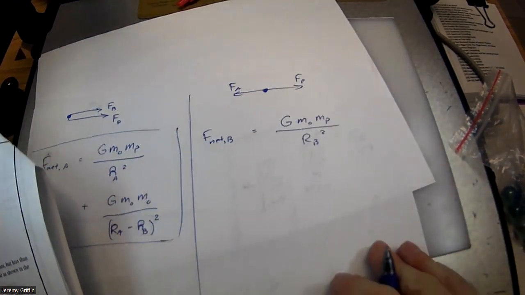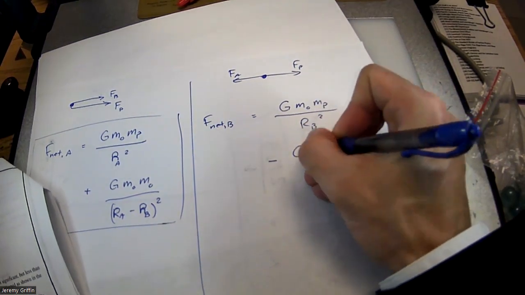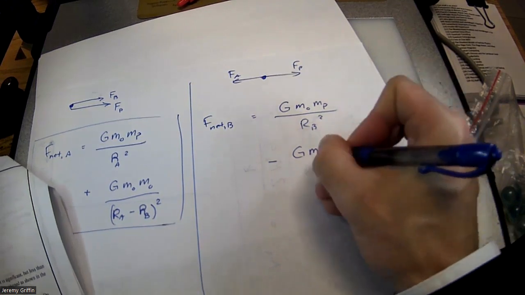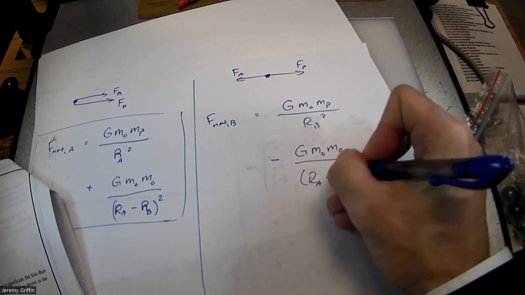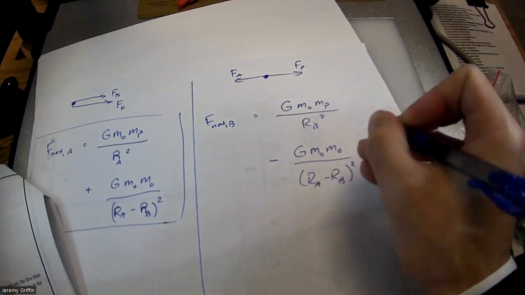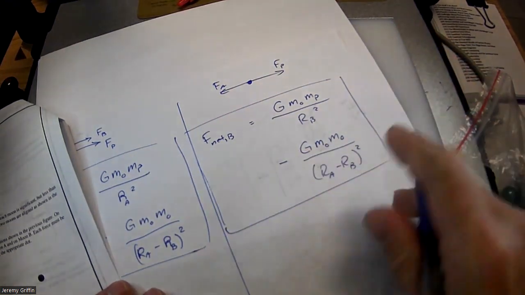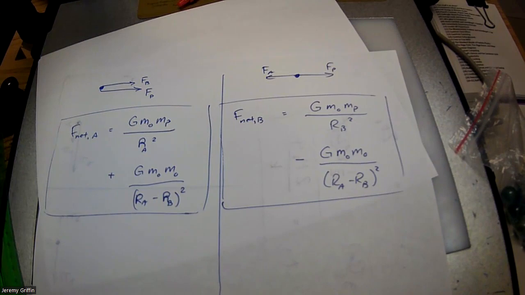And then subtract G, M moon, you could say M moon squared, over the difference squared. There you go. You guys probably got that? All right, doing good.